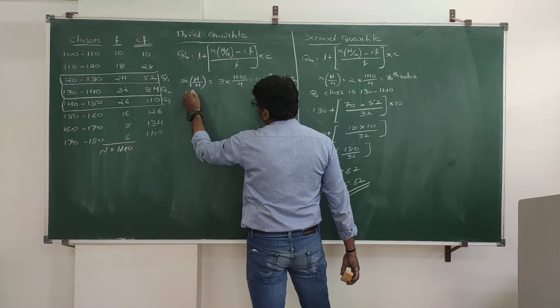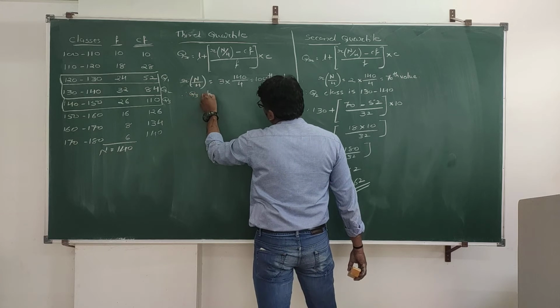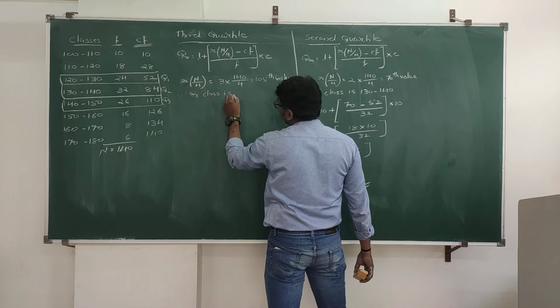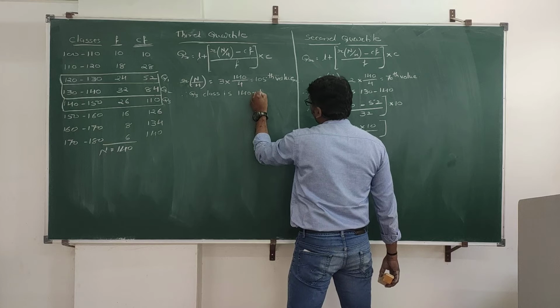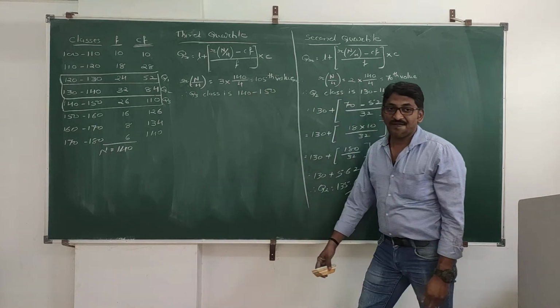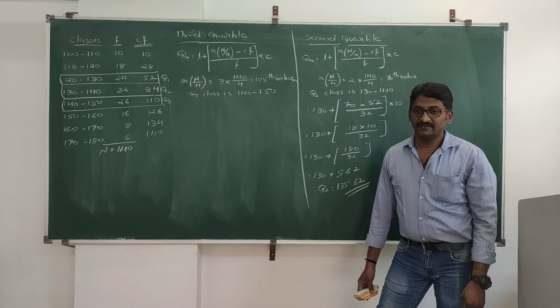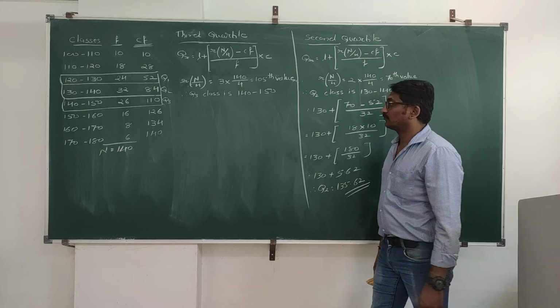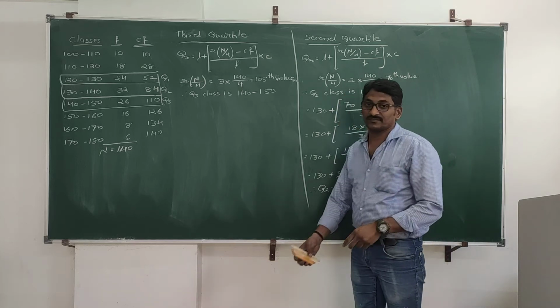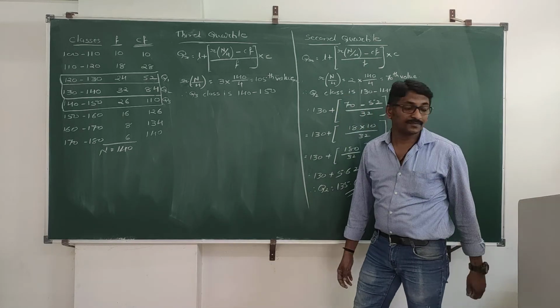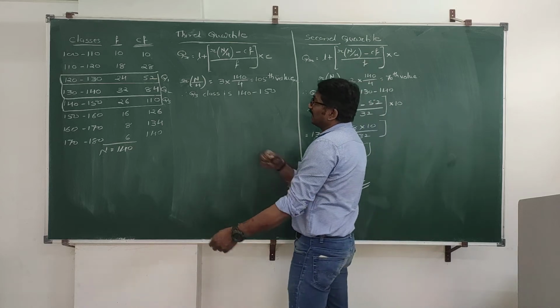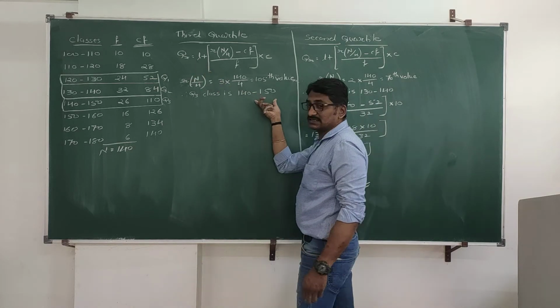And below this you write, therefore Q3 class is 140 to 150. Okay. Now, again, what is the lower limit of this class?